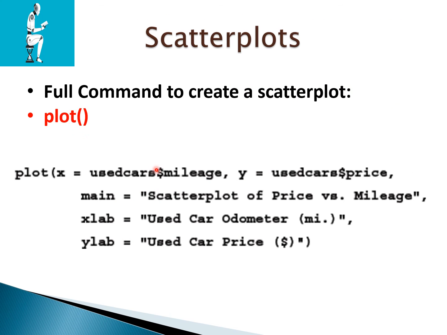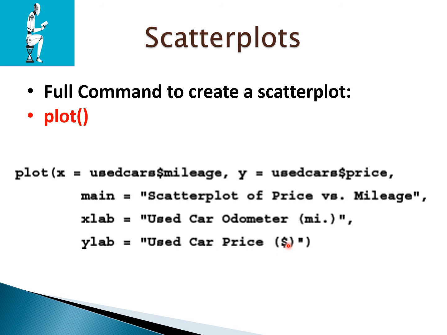plot is the command used to create a scatter plot. You specify plot, then x equals what should be on the x-axis, y equals what should be on the y-axis, main equals the heading needed for the graph, xlab the label required on the x-axis, and ylab the label required on the y-axis.